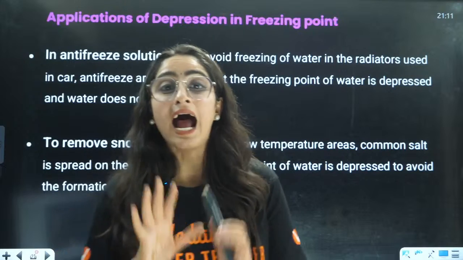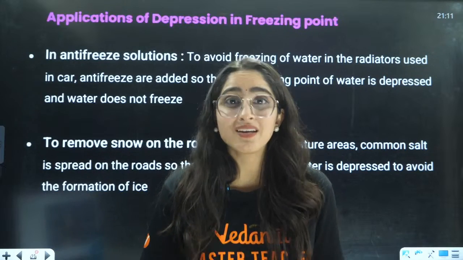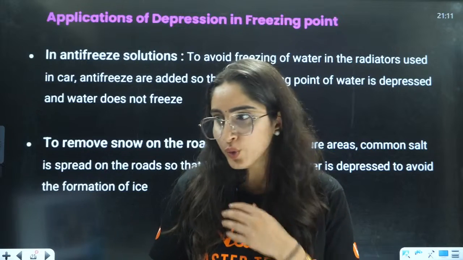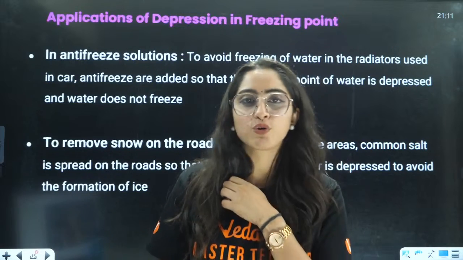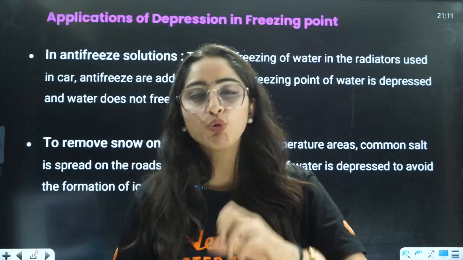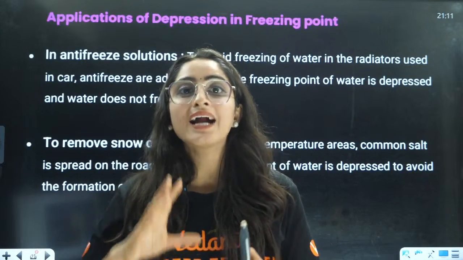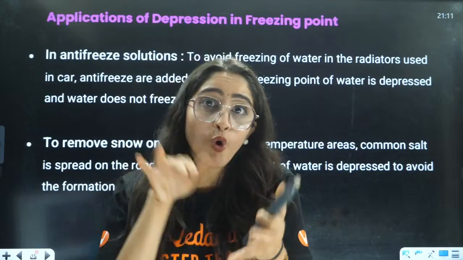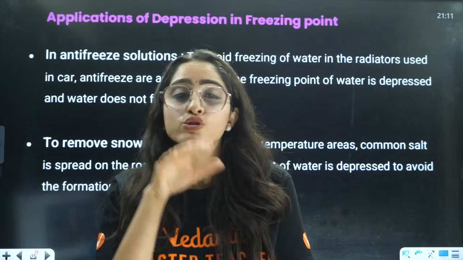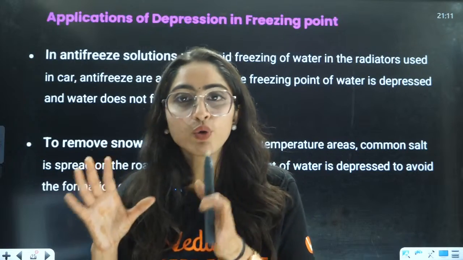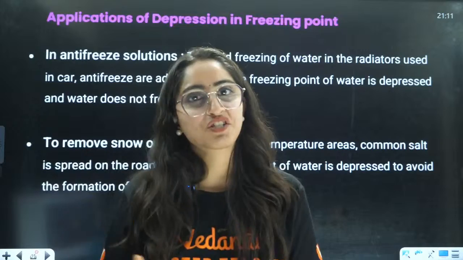To that much extent, when the temperature is minus 10 degrees Celsius, minus 7 degrees Celsius, what they do, yes, the PYQs are included here, they add some salt into it, so that the water has a low freezing point now, so that the water cannot freeze. So that is the useful thing about depression in freezing point.